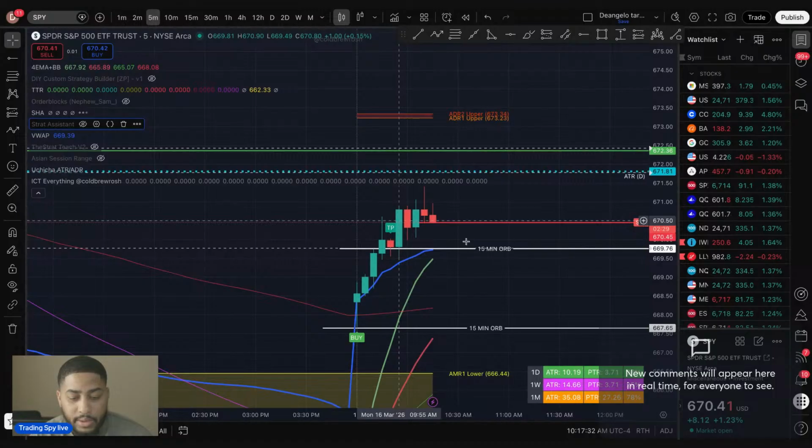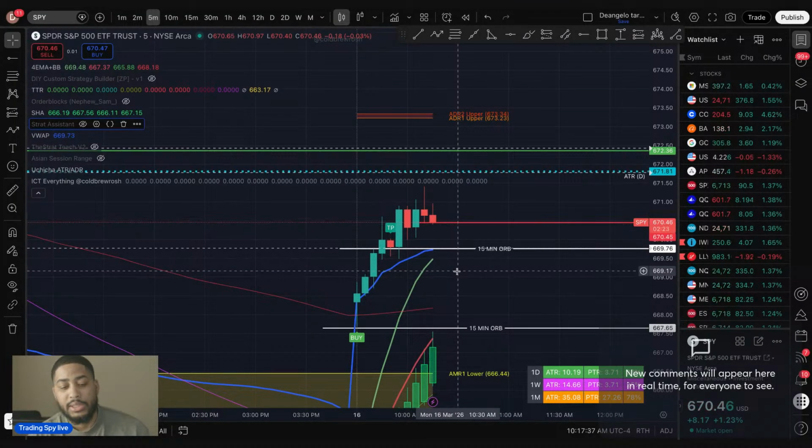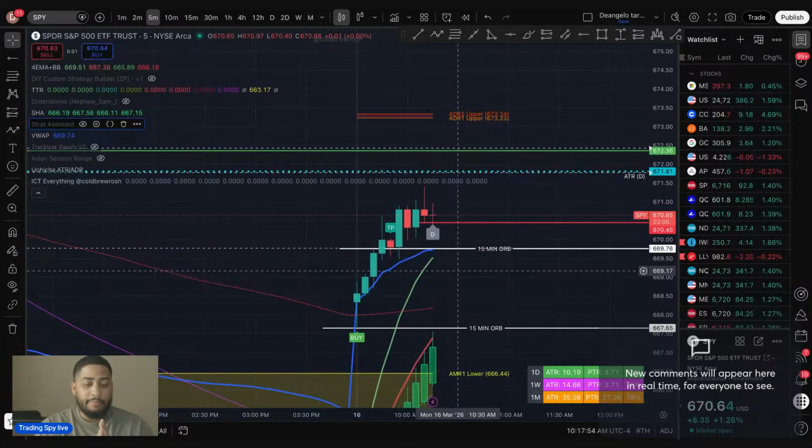So now we just broke the bottom of that. But now can we push down? Question is, can we push down off inside the VWAP and the 9 EMA? And we need to see the reaction of this. Because if it pulls back into the 9 EMA and the VWAP, and then it starts to have buying pressure, meaning wicks at the bottom of the candle, then you can start to look for calls.